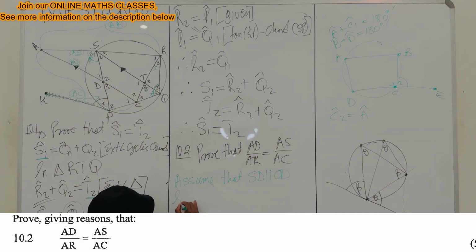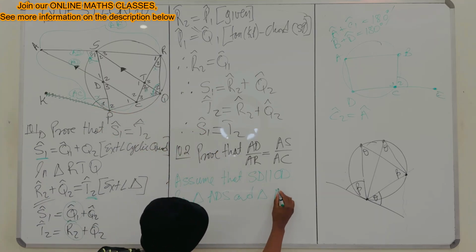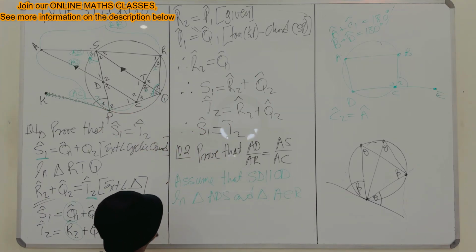Then I'll say, okay, in triangle ADS and triangle ACR, in these two triangles.